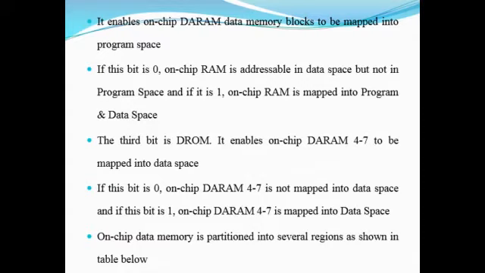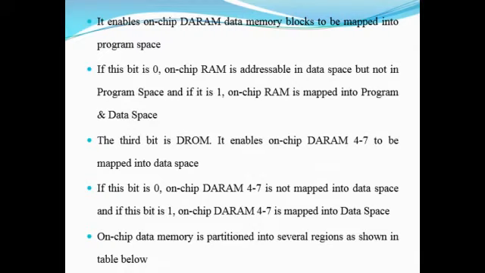Now if this bit is 0, on-chip DRAM is not mapped into a data space. Whereas if the bit is 1, then on-chip DRAM is mapped into the data space.